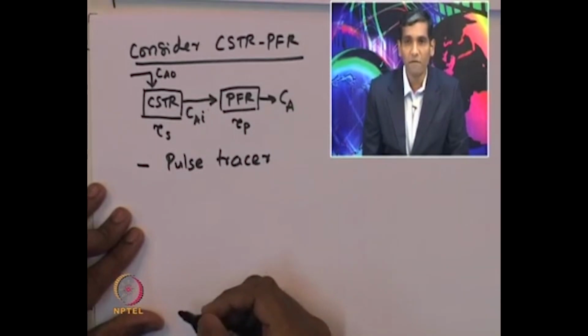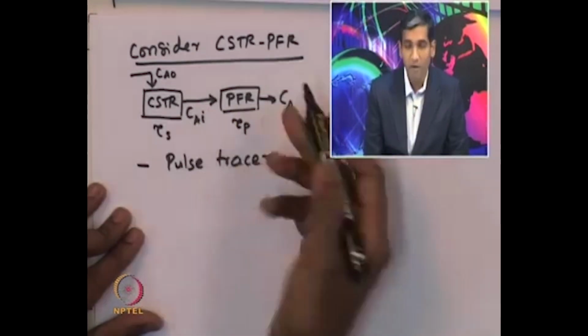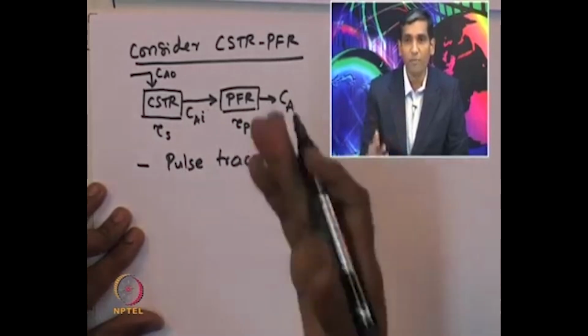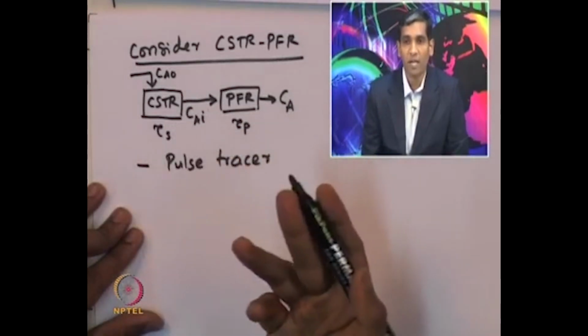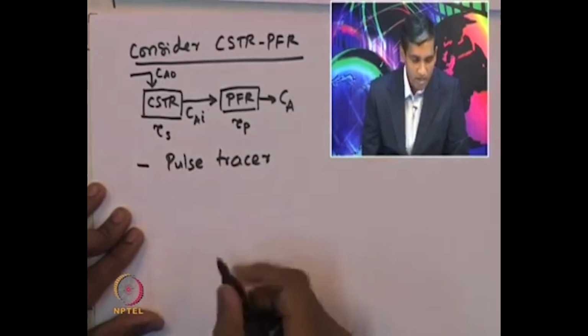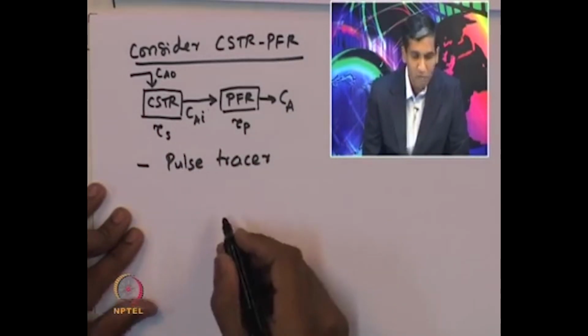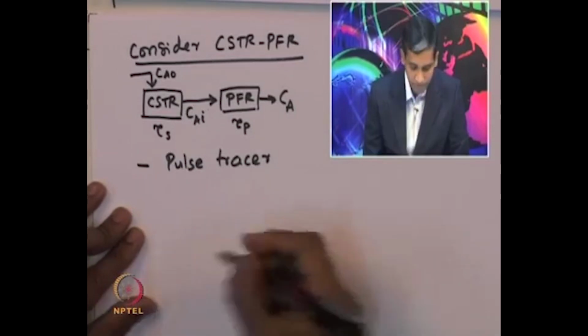The objective is to find the RTD function for this combination. Eventually, the objective will be to find the conversion if these two reactors are operating in series. So, let us start with a pulse tracer to find the RTD function.